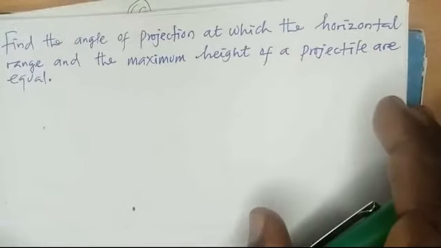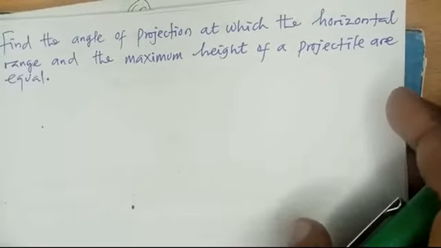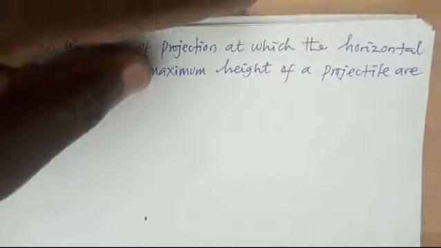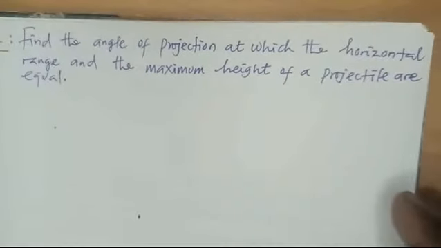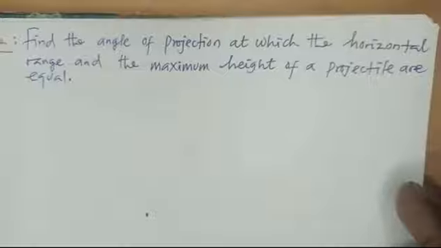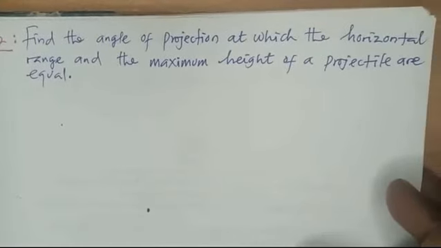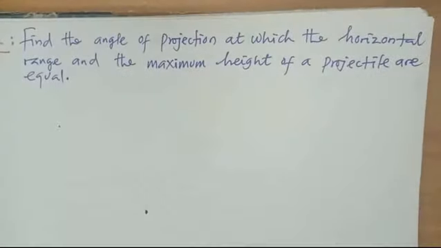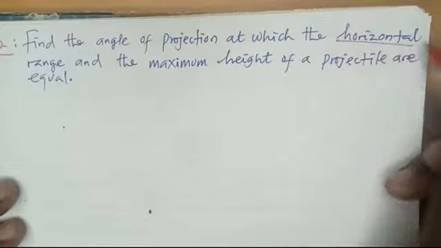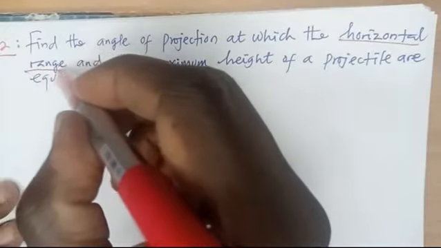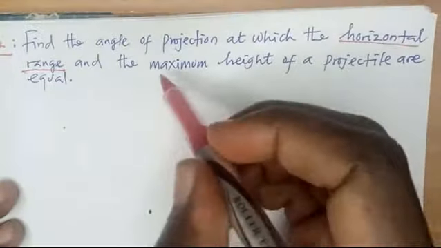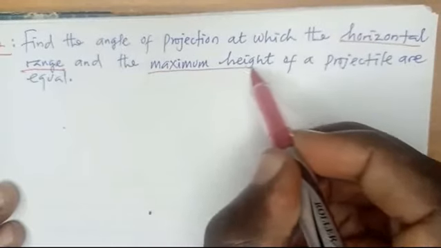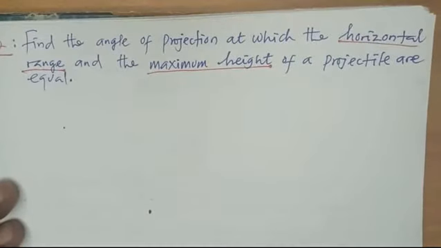A very interesting one. Look at what it says. This is the second problem, and it says find the angle of projection at which the horizontal range, the maximum horizontal distance, and the maximum height, the maximum vertical distance, are equal.